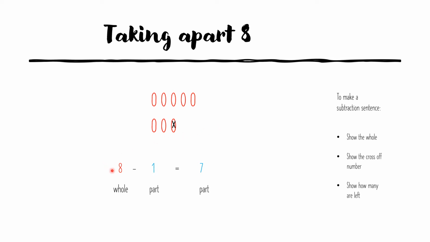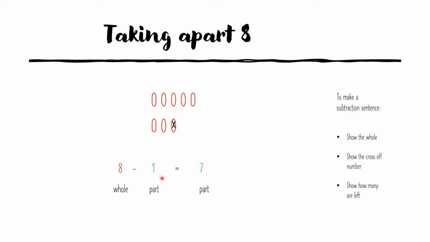That's right, we had 8 circles. Then we want to make sure that we use our minus or subtraction sign, which is a horizontal line. Next, we want to show our cross-off number, or we want to represent how many circles we took away. How many circles did we take away, kindergarten? That's right. We took away one circle.